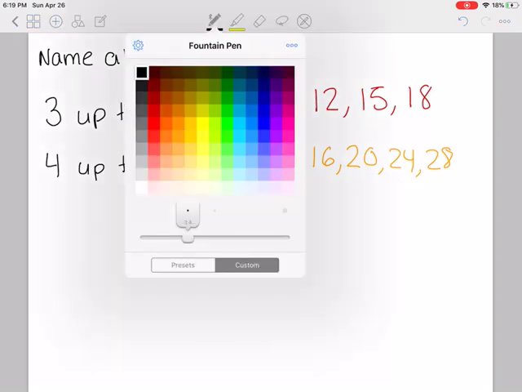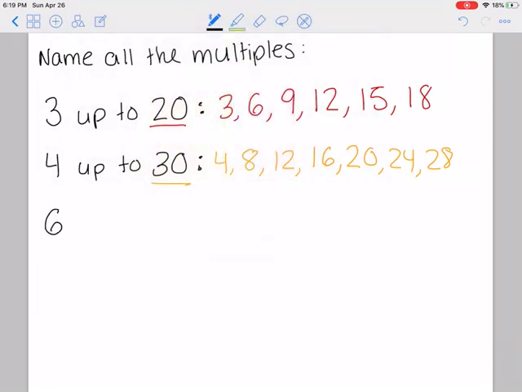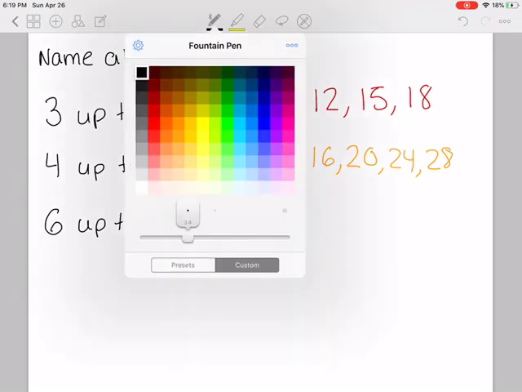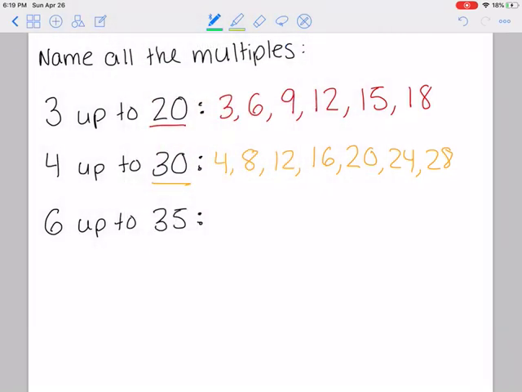Okay, last one for this set. 6 up to 35. So all the multiples of 6 up to the number 35. It would be 6, 12, 18, 24, 30. And I'm going to stop here because the next one would be 6 times 6, which is 36, and that number is too big.